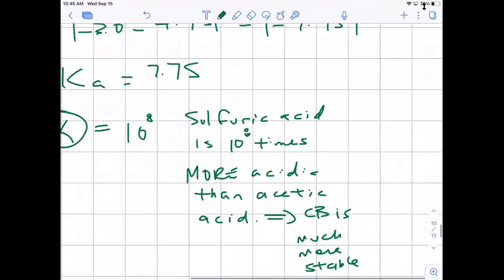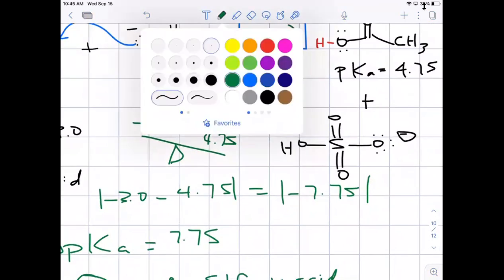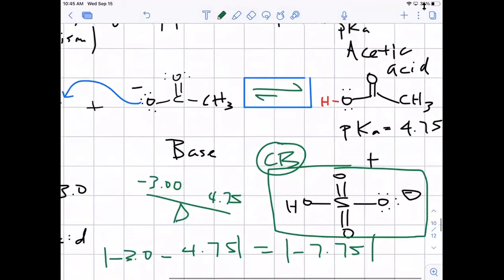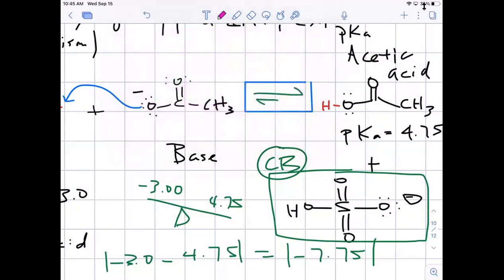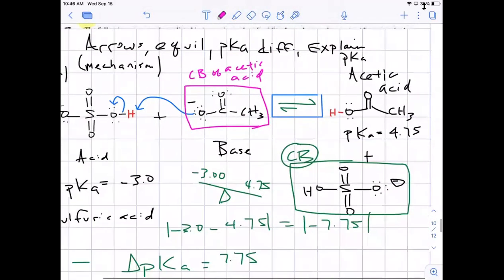So if we look at the conjugate base for sulfuric acid, which is right here, and we're comparing that to the acetate ion, which is over here, because that would be the conjugate base of acetic acid, even though it's acting as the base here. And we think about the factors that affect pKa.